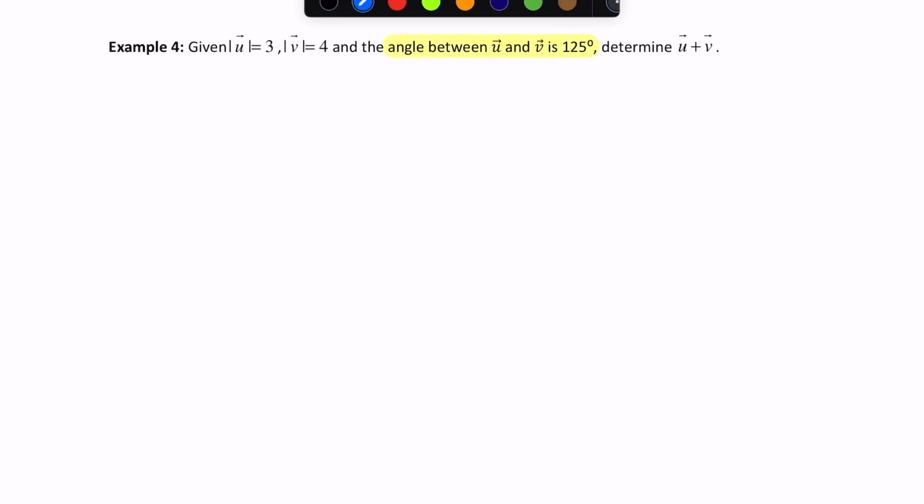And here we know that when we are given the angle between two vectors, the vectors are arranged tail to tail.